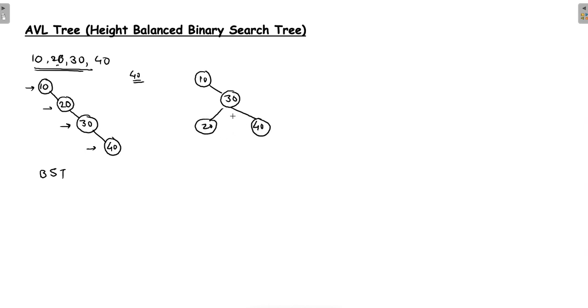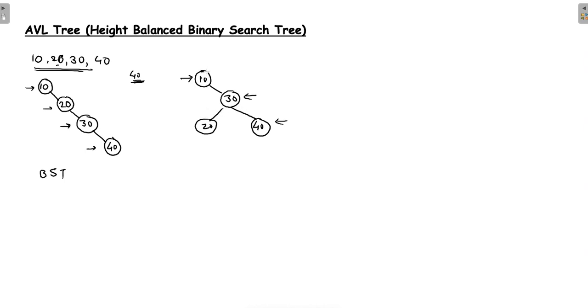The same elements I am using, but it has a different binary tree. So now if you want to search for 40, you will have comparisons 1, 2 and 3. So automatically you reduced one comparison here, but it is also a binary search.